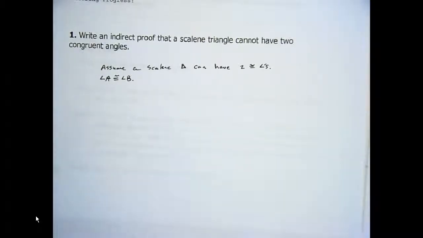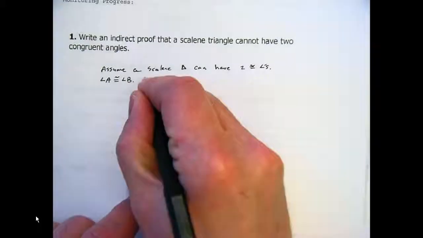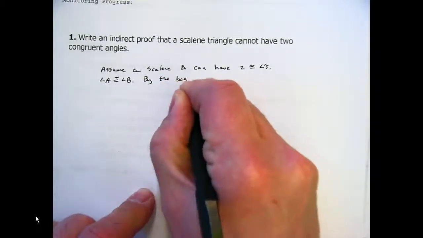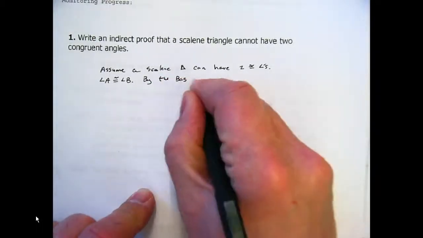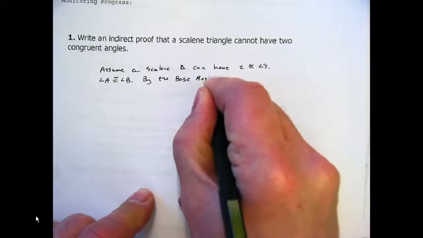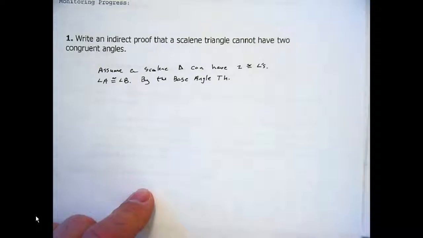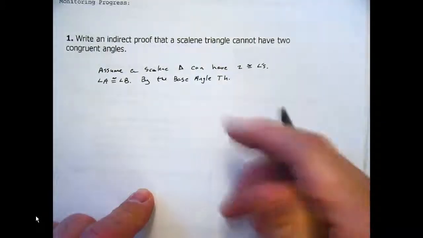Alex? Okay, by the base angles theorem, we know that it also has, as Carlos said here, two congruent sides, which makes it isosceles.